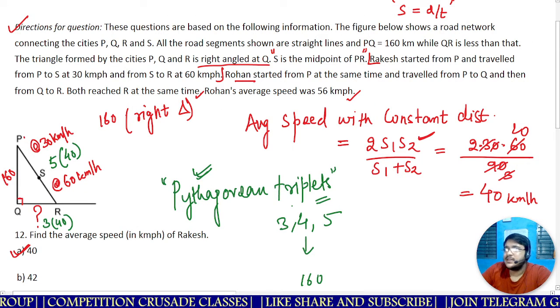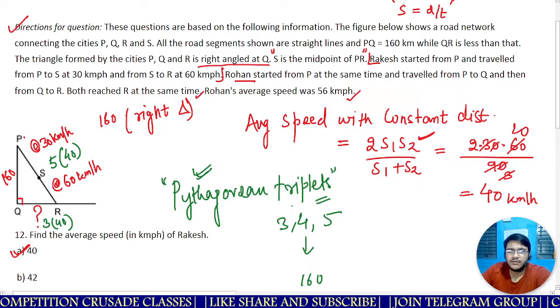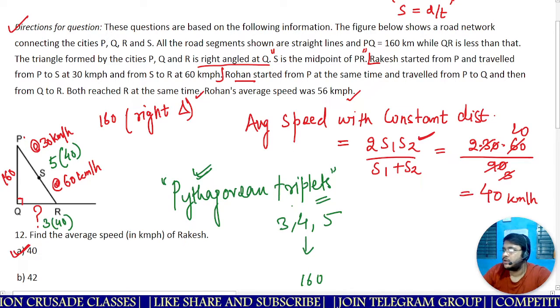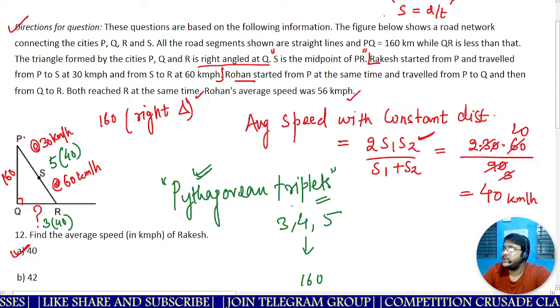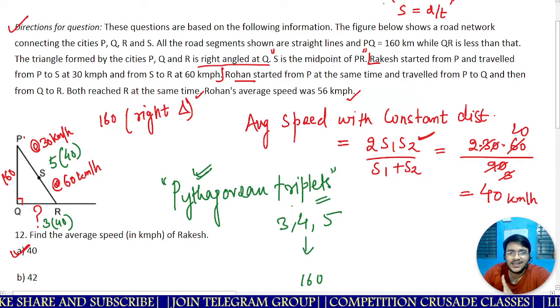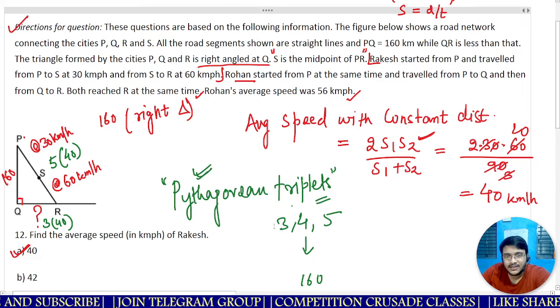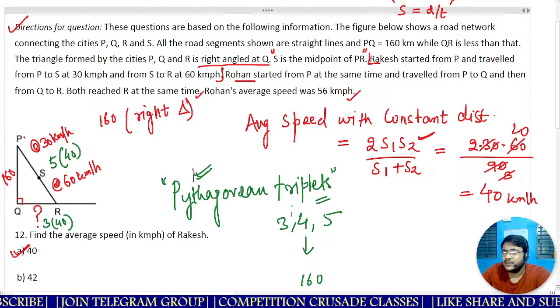Will I consider this a moderate question? Sort of, yes. If you are somebody who does not remember the formula of average speed, then probably this is difficult also. But again, I'm just taking your case. So yeah, this is an easy one. Thank you.